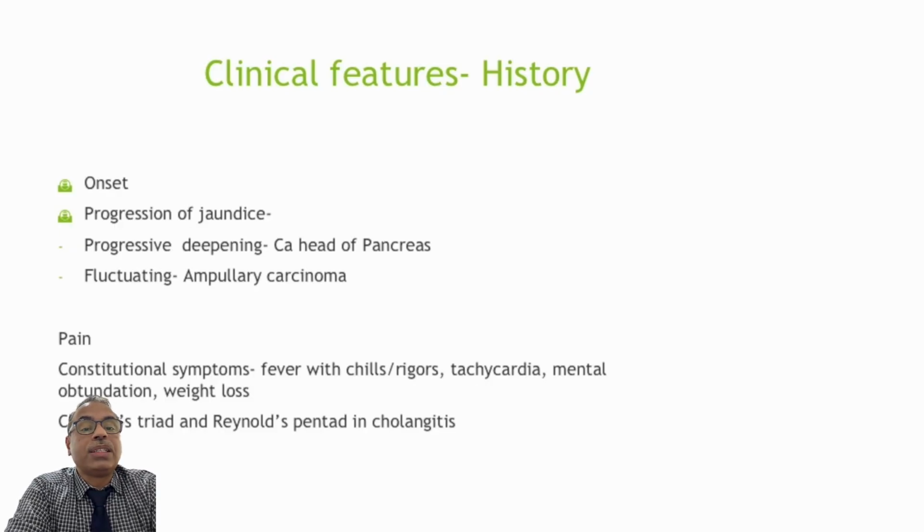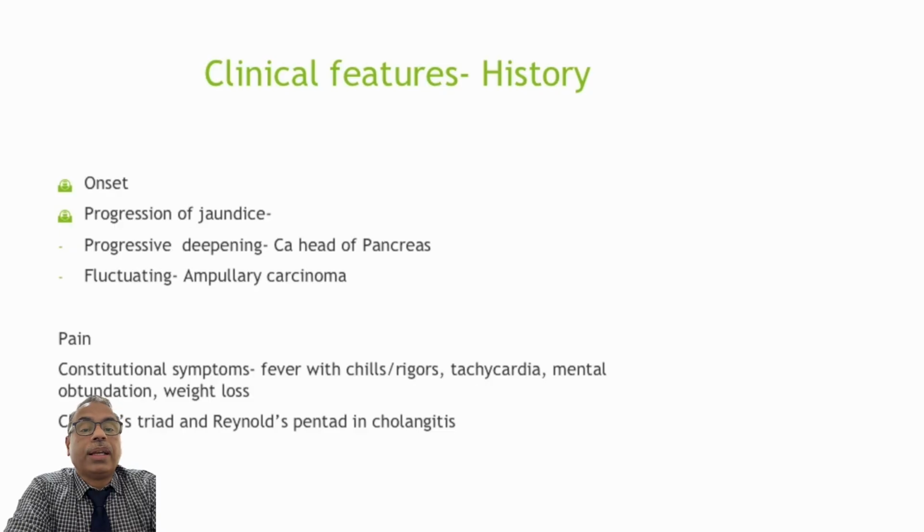We have already seen that these patients are immunocompromised. They are at risk of developing different types of superadded infection, and because of this, the chances of these patients developing cholangitis increase.